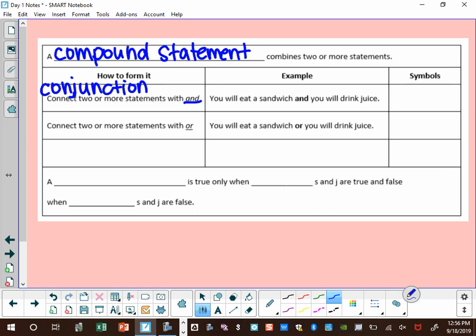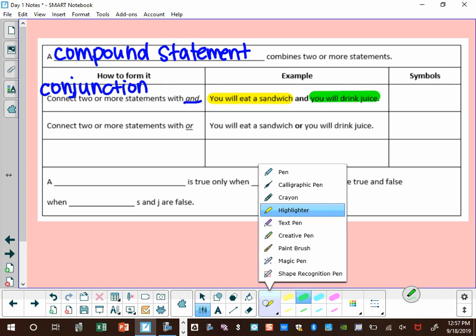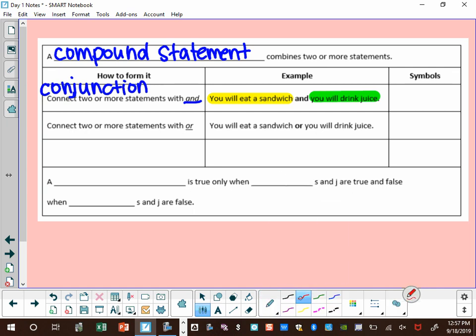So your example is, you will eat a sandwich and you will drink juice. If you were to label this, let's say that we call, you will eat a sandwich, we'll call that S. You will drink juice, we'll call that J. What you need to know is that your symbol looks like a capital A without the line through it.